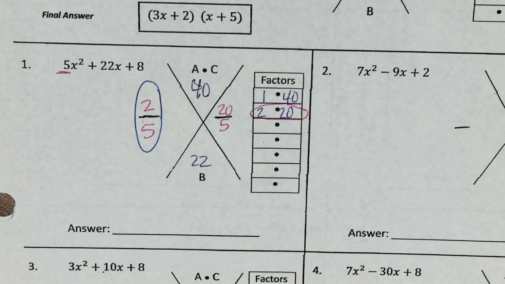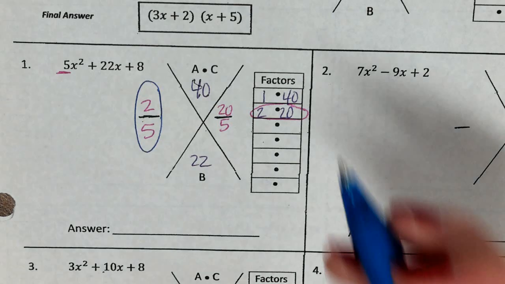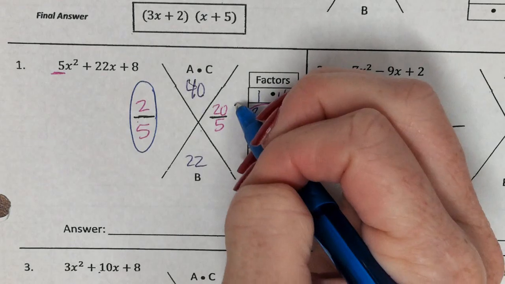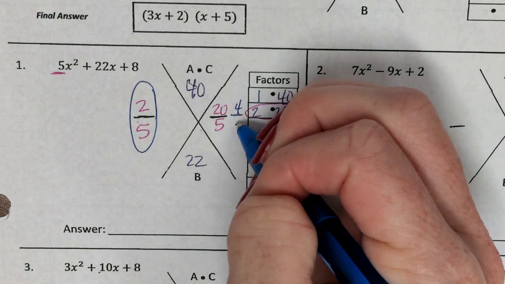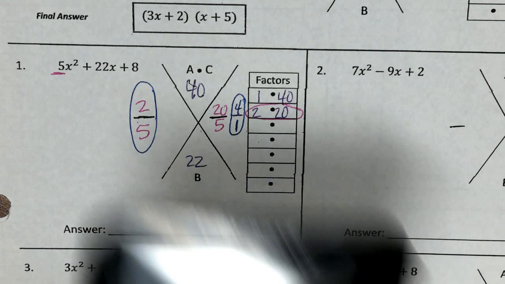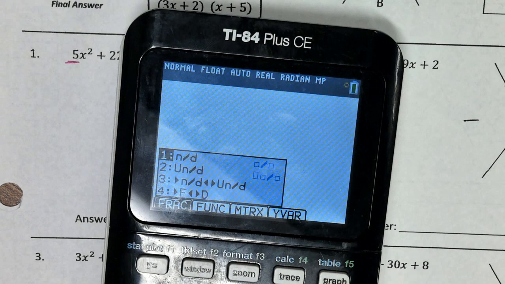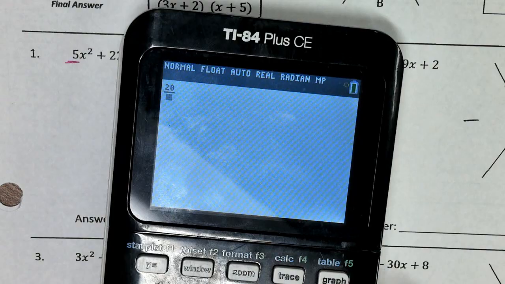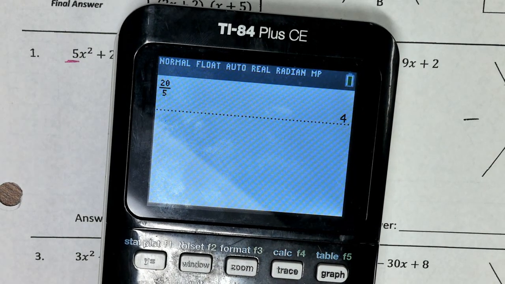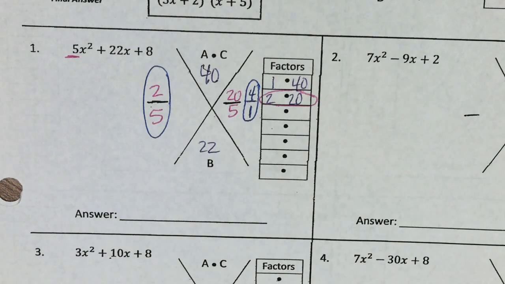You use alpha y equals. Okay, but I know that I can divide the top and bottom by 5. So 20 divided by 5 is 4, and 5 divided by 5 is 1. Now, if you put it in your calculator, alpha y equals 20 over 5, it's just going to give you 4, but you need 2 numbers, so 4 over 1 if it gives you a whole number, okay?